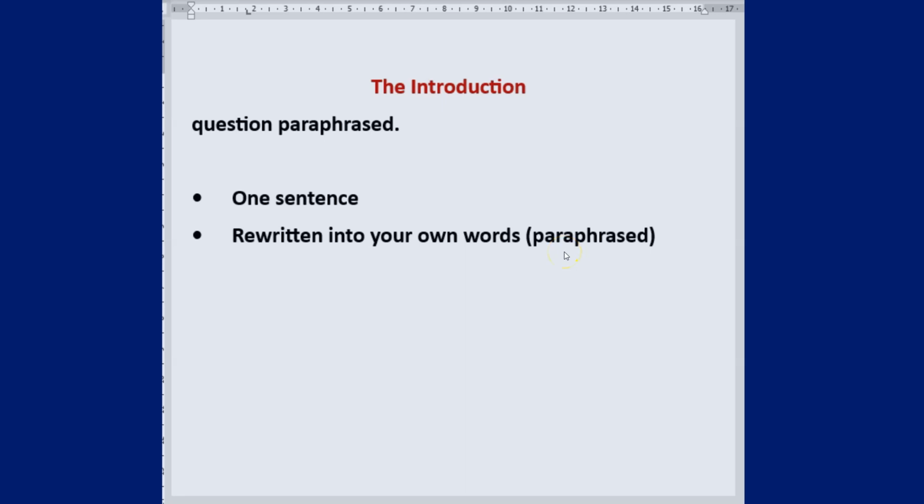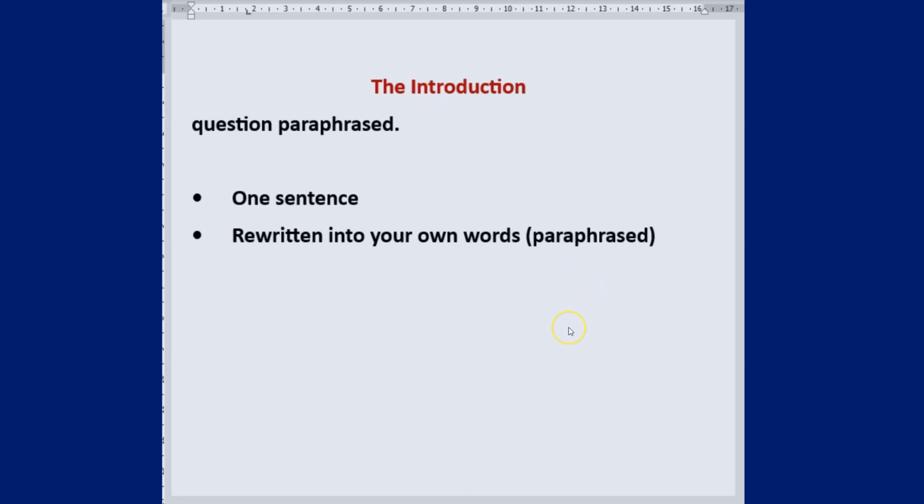It can be just one sentence or two, nobody cares, but actually the introduction should be in one single sentence. It is also the part of the essay where you rewrite it in your own words. So you're going to just rewrite what you see in your own words.